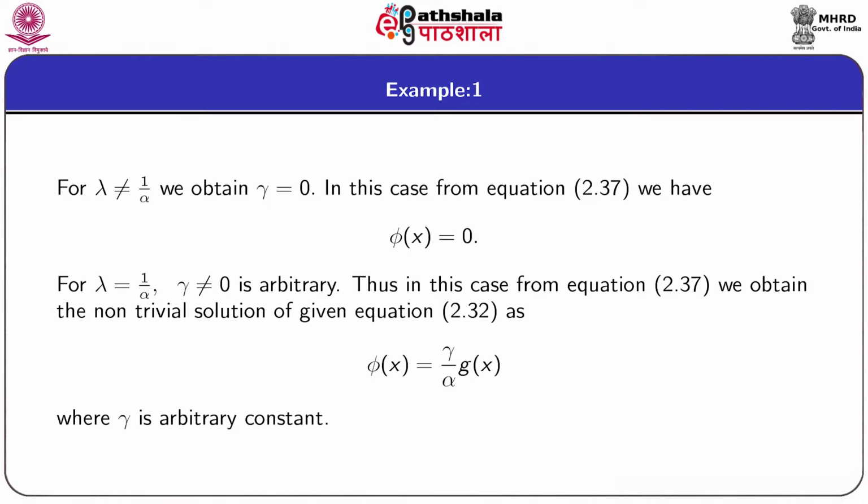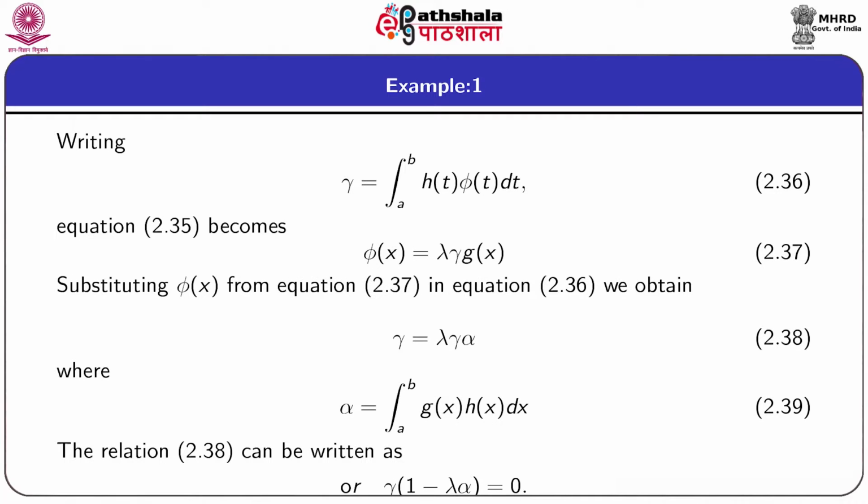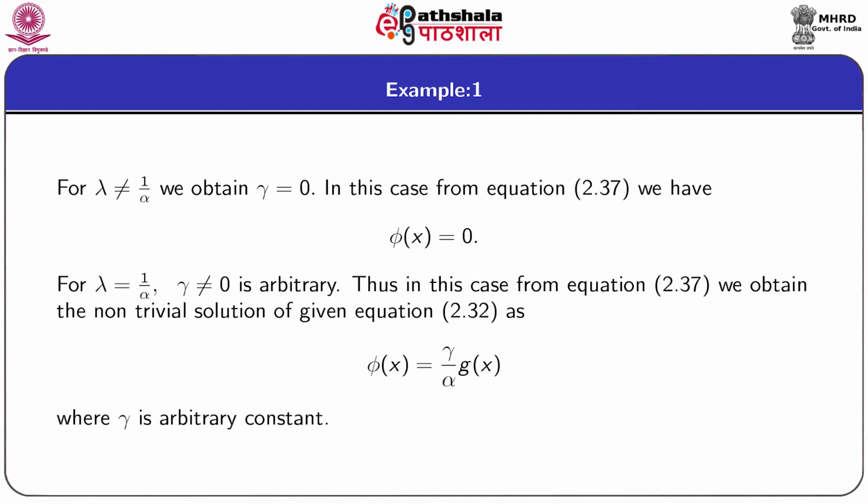So, if gamma is an arbitrary constant, then from equation 2.37 we obtain the non-trivial solution phi(x) of the given integral equation as given by this equation, where gamma is arbitrary constant.